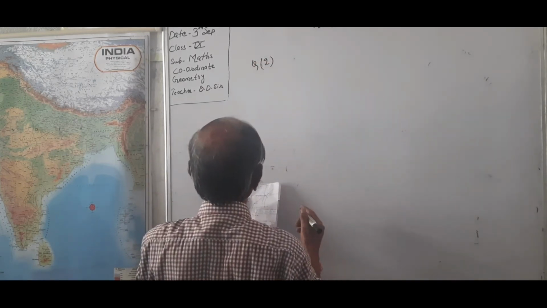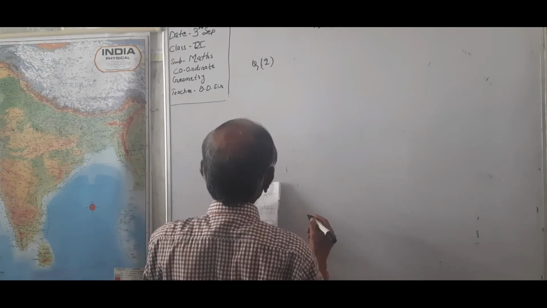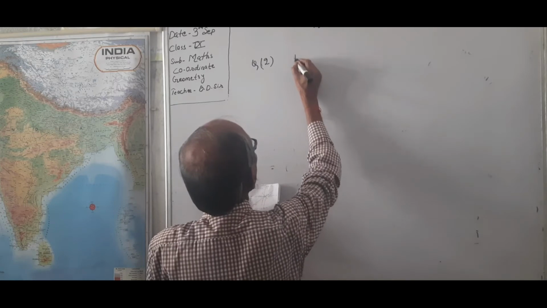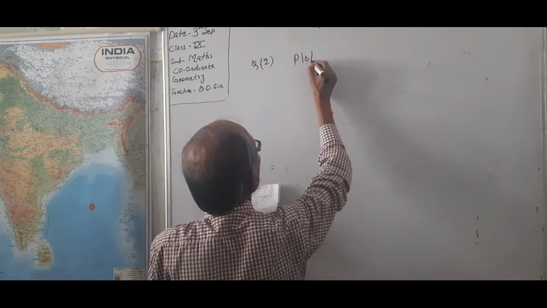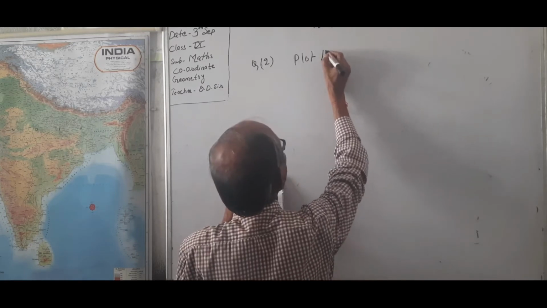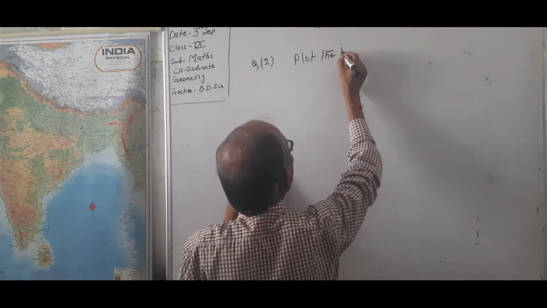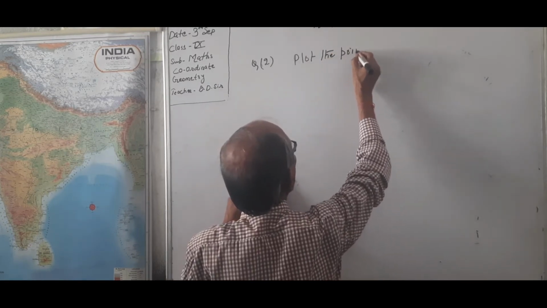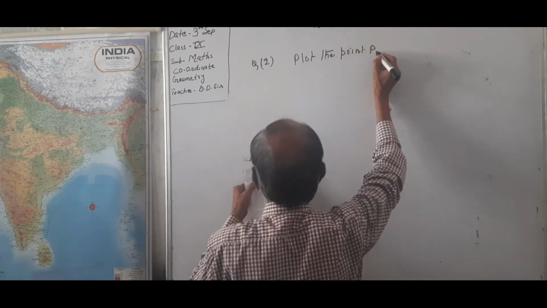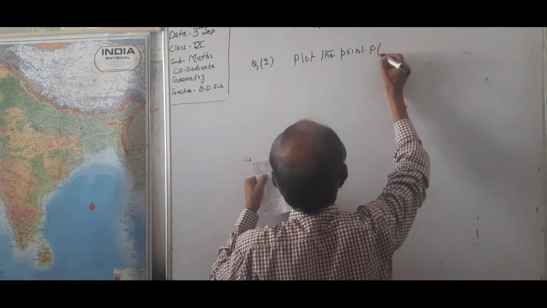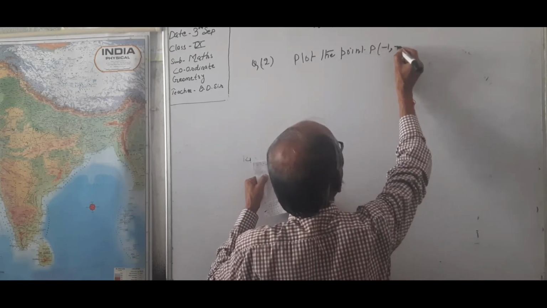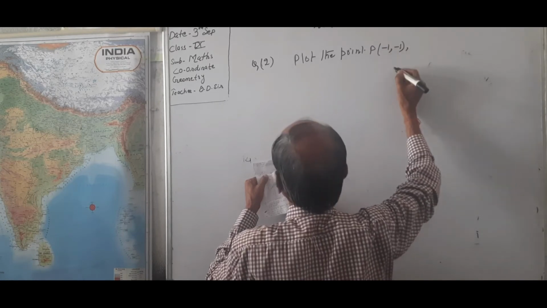The question is like this. Plot the points: P, whose coordinates are (-1, -1). Coordinates of P (-1, -1).